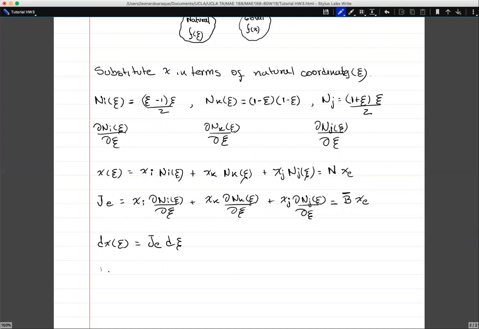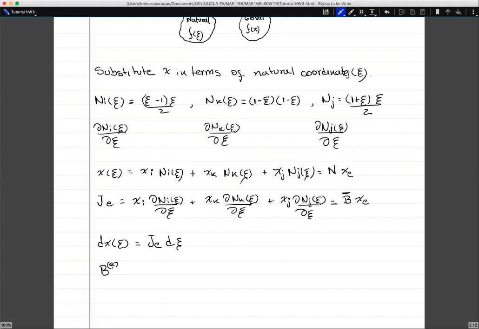Next step is to redefine our B matrix, B vectors. Remember that the v vectors in the first part of this problem contain the information of the derivatives of the shape functions with respect to x.